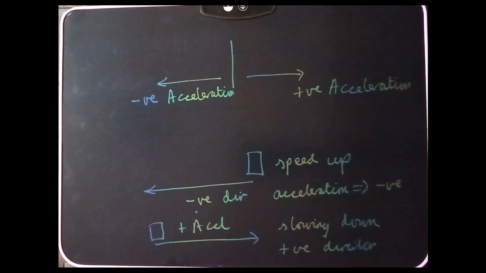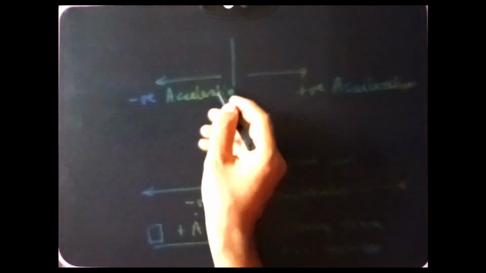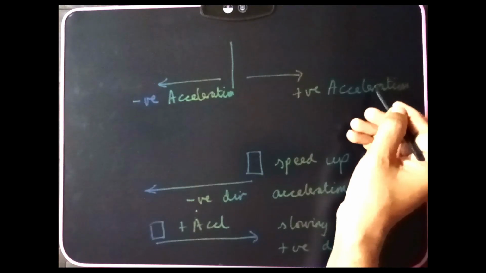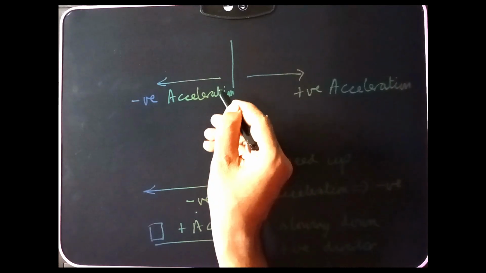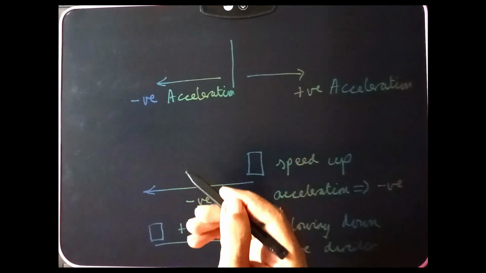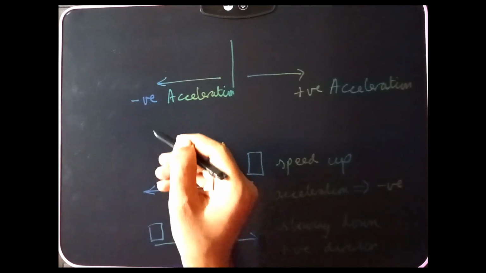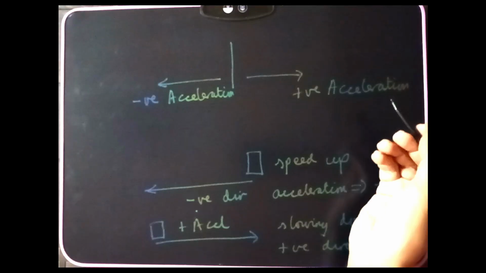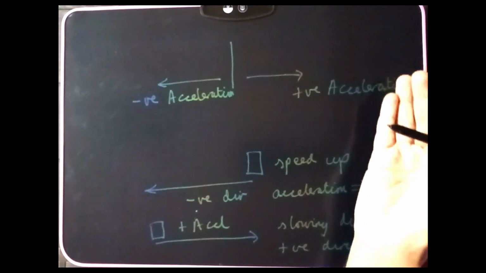I hope this aspect of the concept is clear enough. If I move in the negative direction, it is negative acceleration. If I move in the positive direction, it is positive acceleration. Negative acceleration does not imply it is retardation, neither does positive acceleration imply it is speeding up.